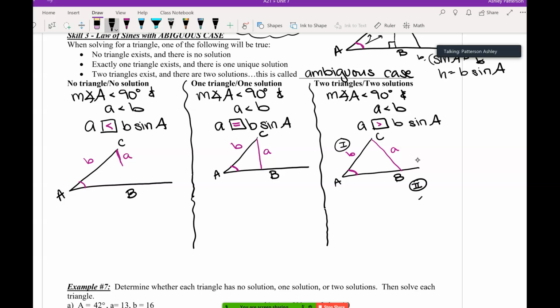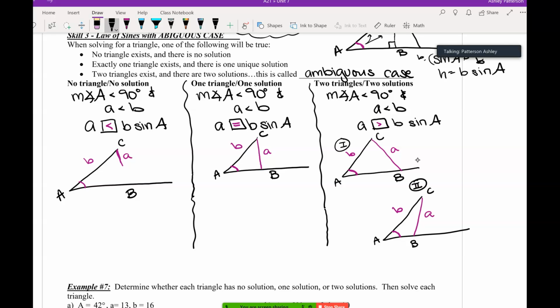Or I could create a triangle, still given angle A and little b, where I am a little bit to the left of where that height would be. Because I'm greater than the length of the height, I can't go straight up and down. I would extend past the base. So I'd either have to be a little bit to the right or a little bit to the left. We don't know which one, so we have to solve for both. That's the ambiguity of it.